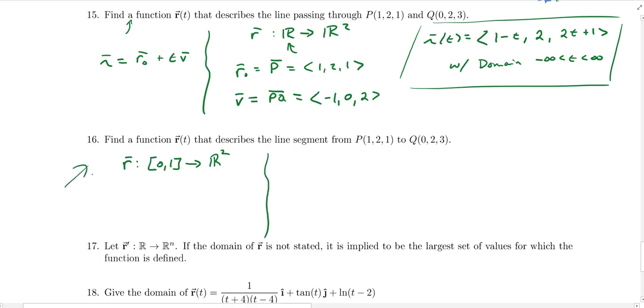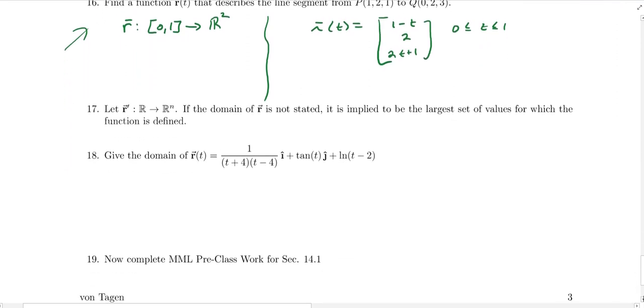You don't have to worry about writing it this way, but instead when you give the function, which would still be the function r of t equals, and let's just represent it a different way, <1 - t, 2, 2t + 1>, you make sure that you restrict time values between 0 and 1. And that's the most natural parameterization, I think, to pick, because when time is 0, we are at point P, and when time is 1, that places us at point Q. But you could certainly use other parameterizations.